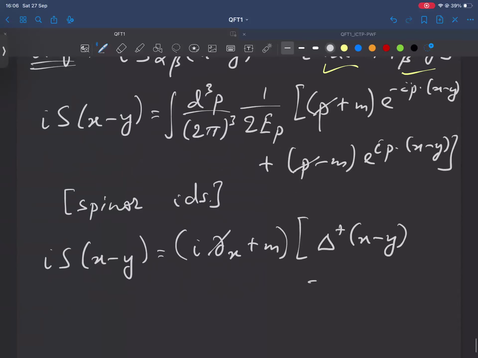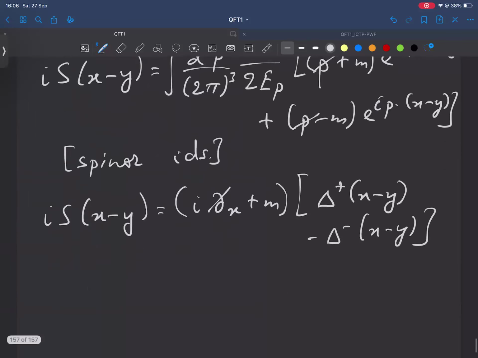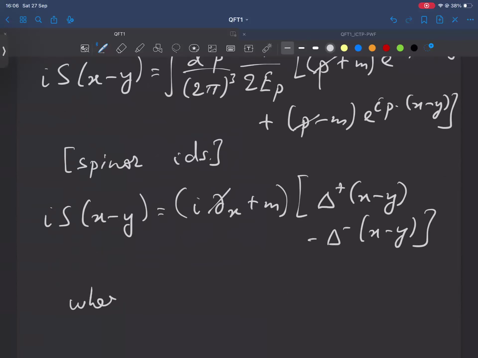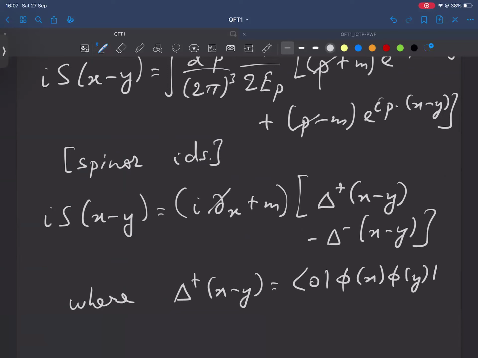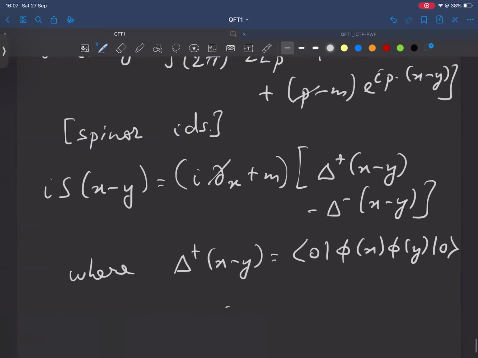I will shortly define what these quantities are, but in the problem set you would have already seen what these are, where these delta are just the usual propagator. So it's like phi x, phi y, where phi is a real scalar field, or in the momentum space expression, it has this expression.